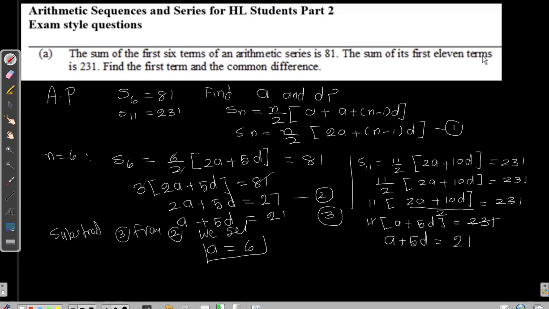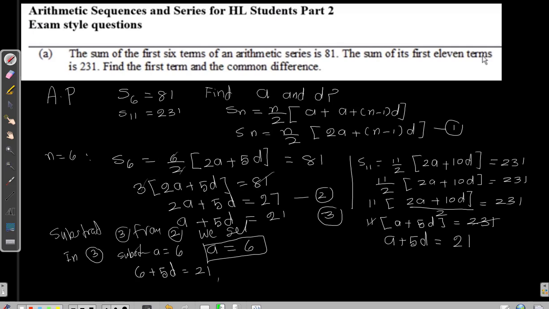So we got the first term, and we need to find the d. And either you can go to equation number 3 or 2. I prefer 3. So in equation 3, substitute a equal to 6, and you get 6 plus 5d equal to 21.